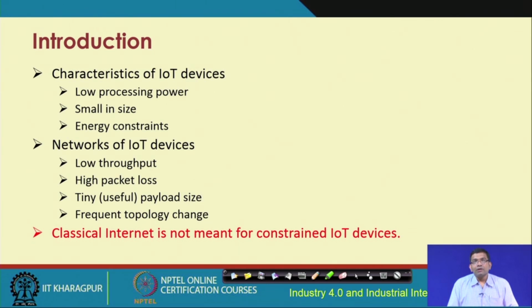Irrespective of what they contain, these IoT devices will have very low processing power. They are very small in size and they have energy constraints because they are typically battery operated, and because of their small size, the batteries that are used are also small, and due to the electrochemical limitation of the batteries, these batteries will have a very limited lifetime.